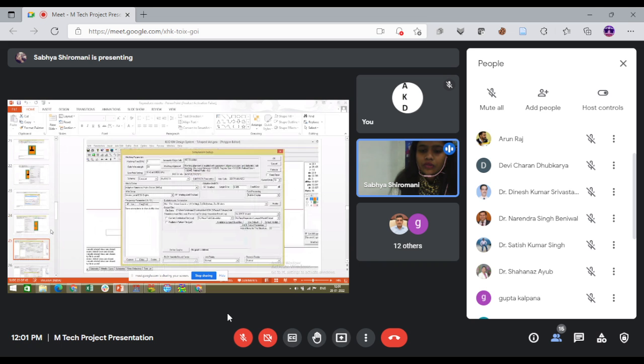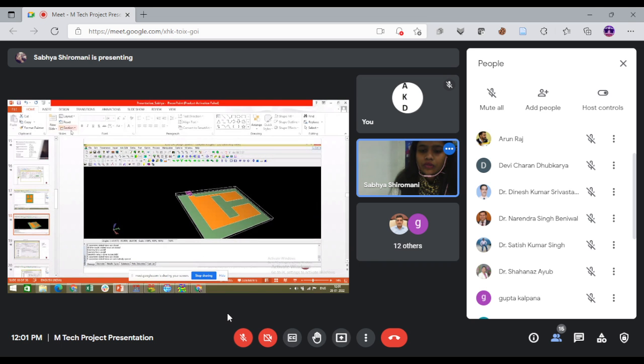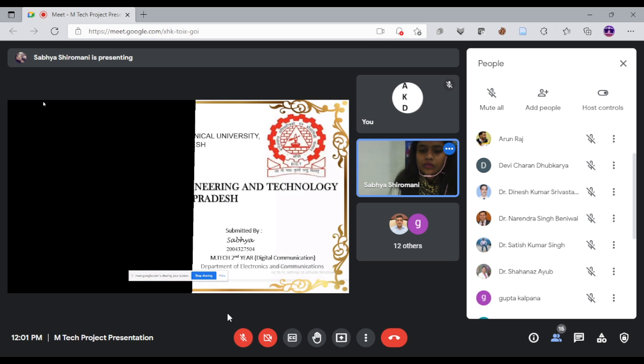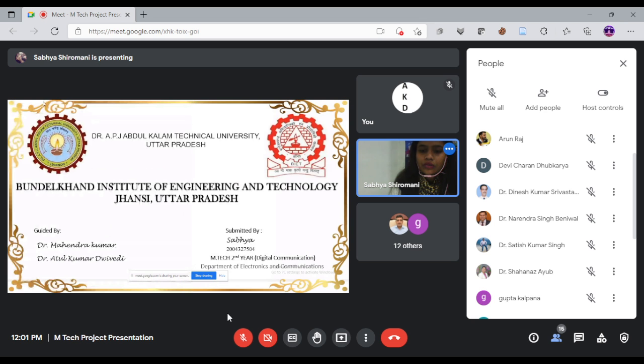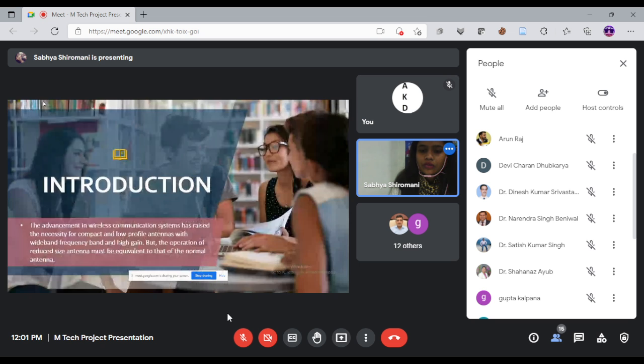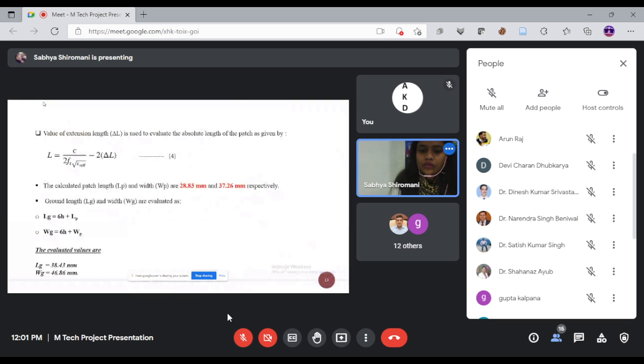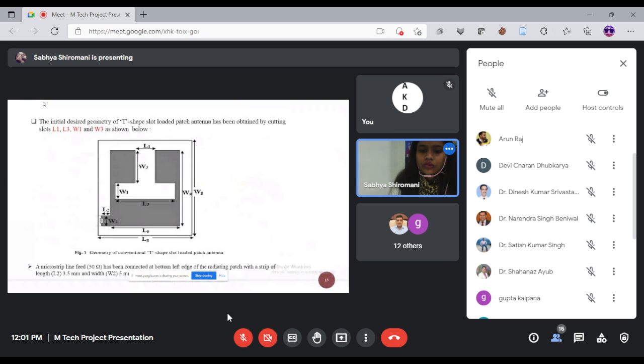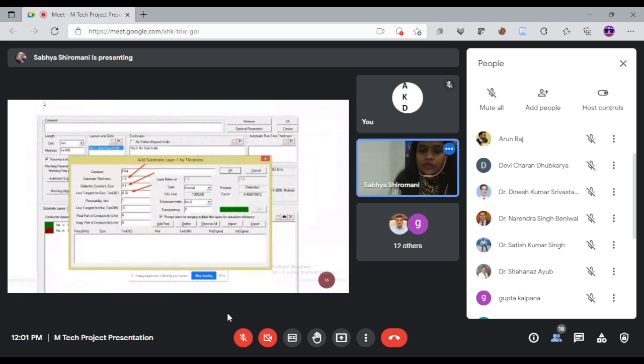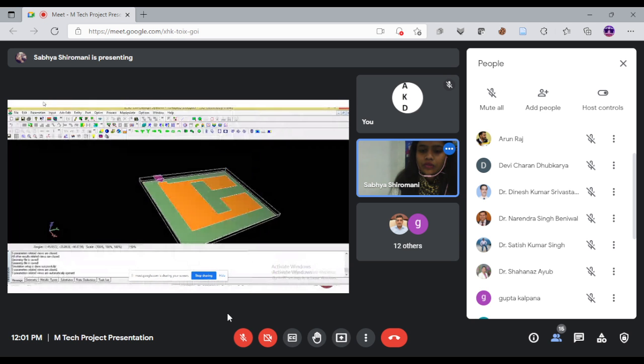So again, moving with the same, here I am having my 3D dimensional of the slotted antenna.